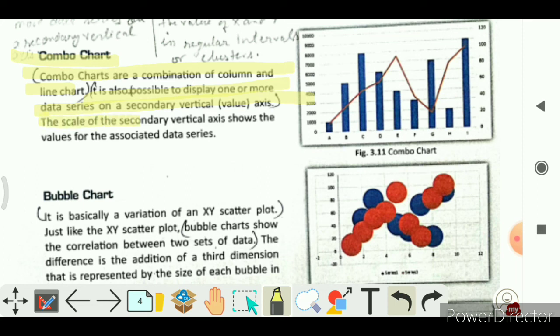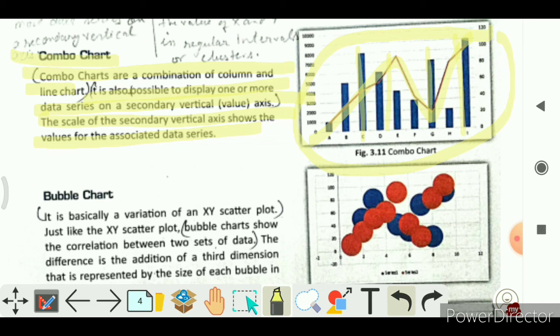The scale of the secondary vertical axis shows the values associated with the data series. Generally, you should know that the combo chart is the combination of bars and line chart. So this is one of the most important charts where comparison is done, right?